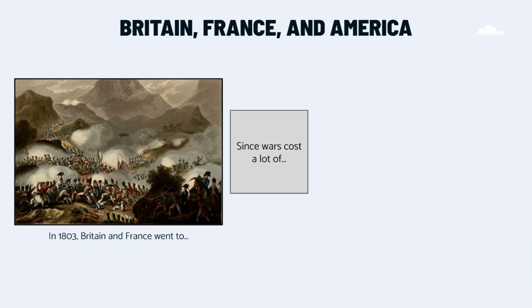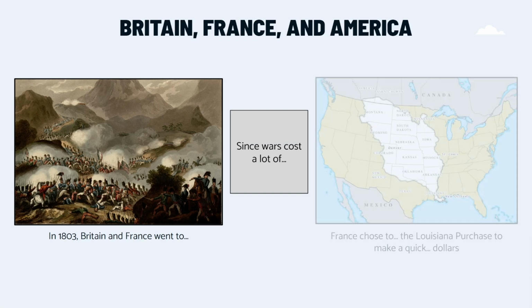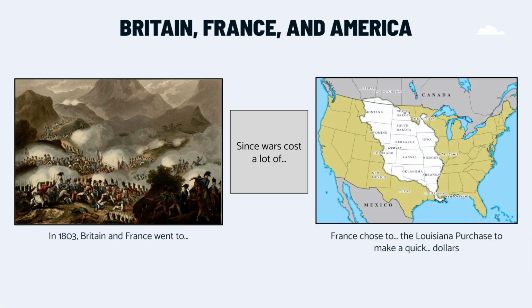And since wars cost a lot of money, France is going to choose to sell the Louisiana Purchase to make a quick $15 million. This is why France sells all of this land. They need money for this war in Europe. And the $15 million, they probably could have asked for a lot more, but they needed that money then and there. And we get an incredible deal because of it.